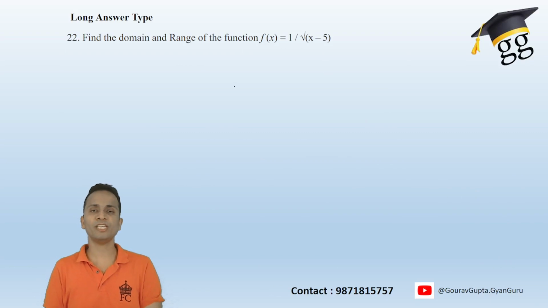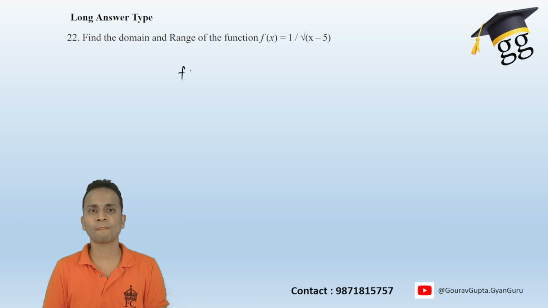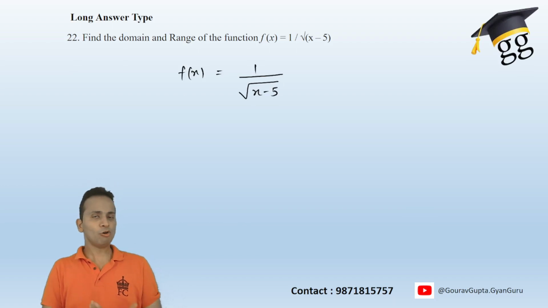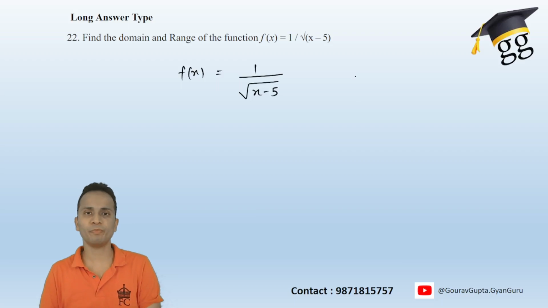Looking at question number 22, we have to find the domain and range of the function f of x is equal to 1 upon under root of x minus 5. Now I have a square root function. So inside the square root, I cannot put a negative number. Also, it's a denominator, so the denominator cannot be equal to 0.